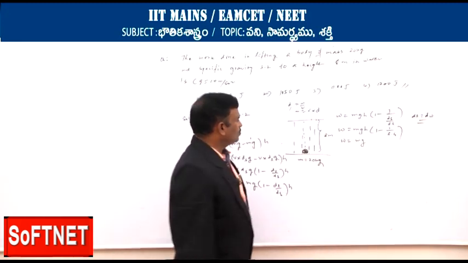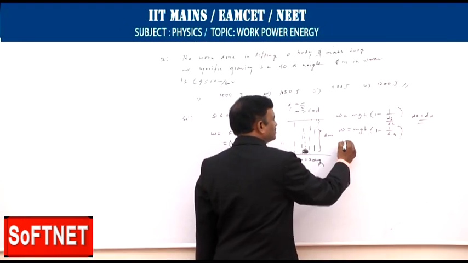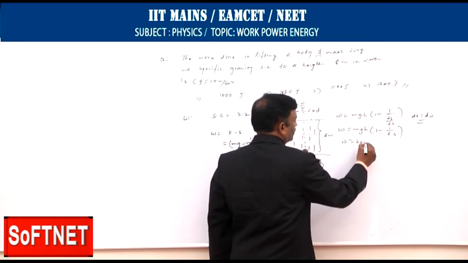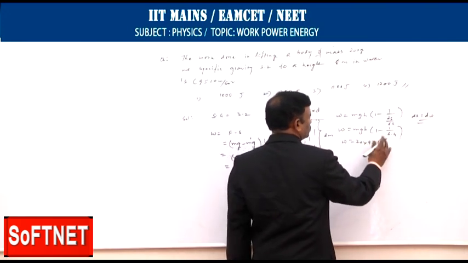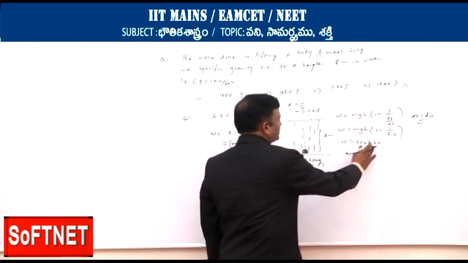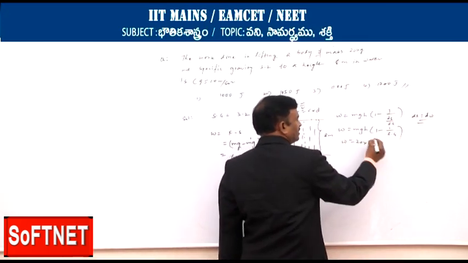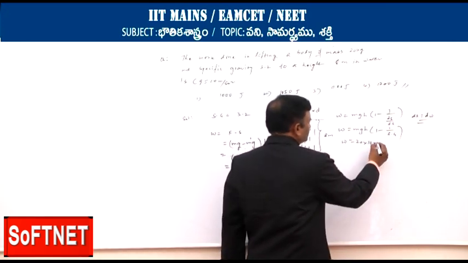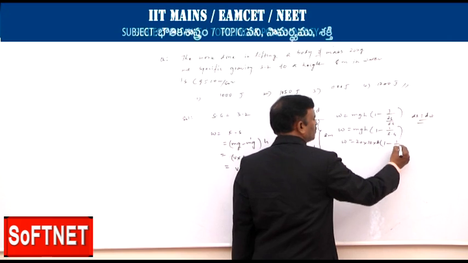Then the values are given as follows. W is equal to mass, 20 kg, into g, which is given as 10, into h, the depth of 8 meters, into 1 minus 1 by 3.2.